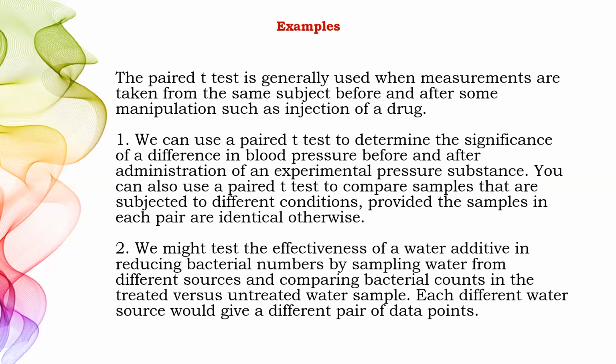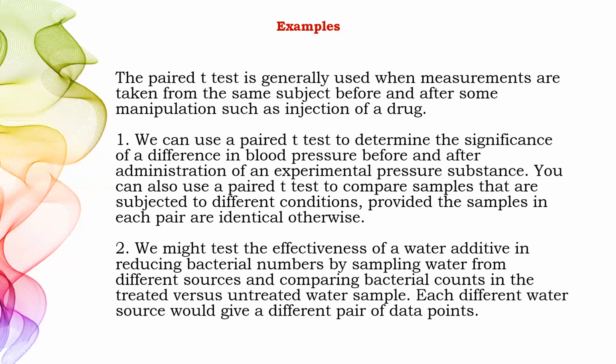Now we'll see some examples for applying the t-test. The paired t-test is generally used when measurements are taken from the same subject before and after some manipulation, such as injection of a drug. The first example: we can use a paired t-test to determine the significance of a difference in blood pressure before and after administration of an experimental substance.